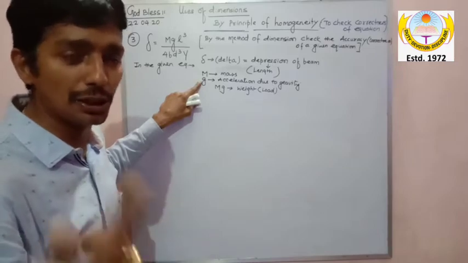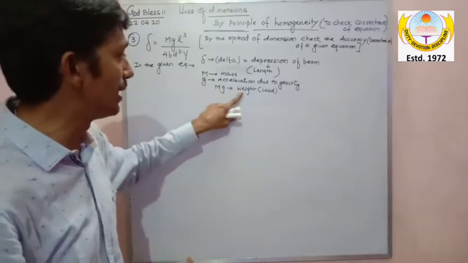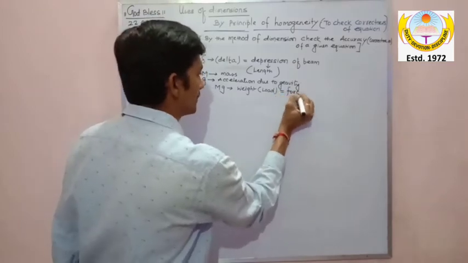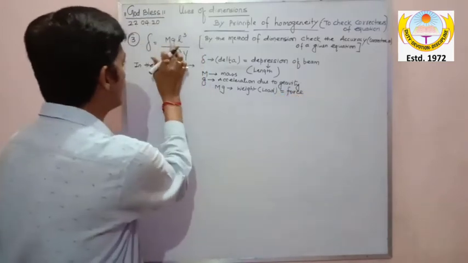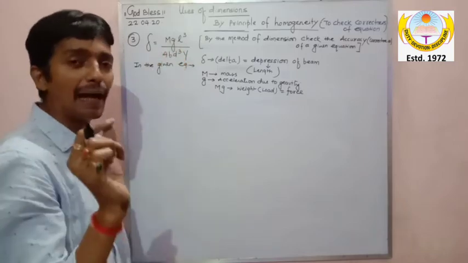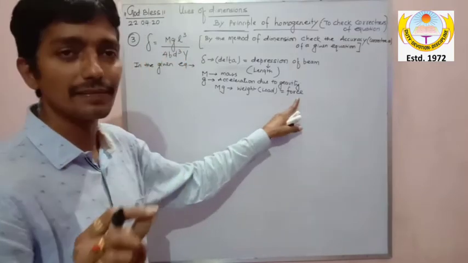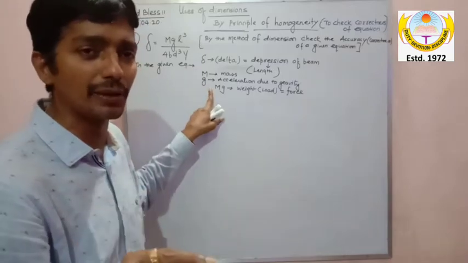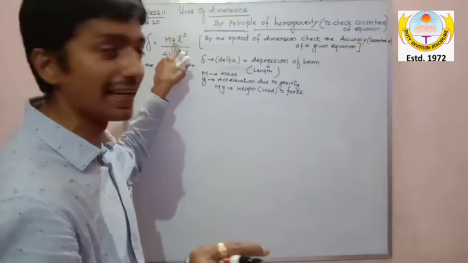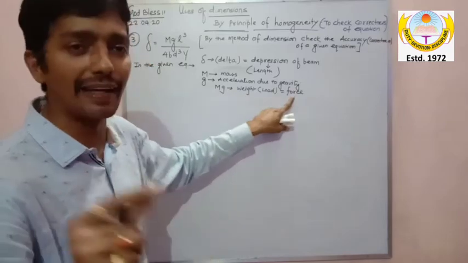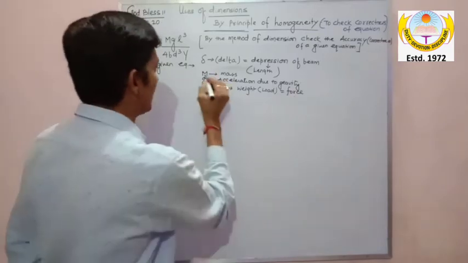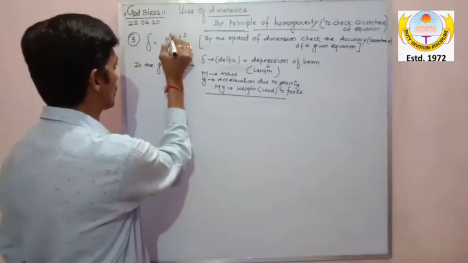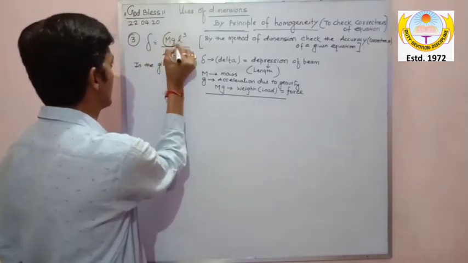But if you are a good student, mg is a weight, and weight is nothing but force. So the dimension of mg together will give the dimension of force. We can check by substituting the dimension of m and the dimension of g, multiplying, and you will get the dimension of force. So mg in the equation can be called weight.